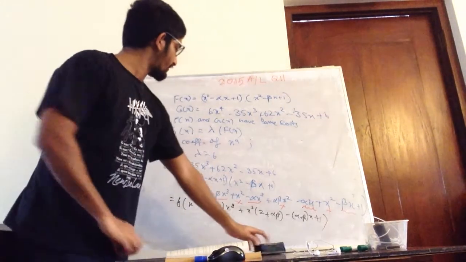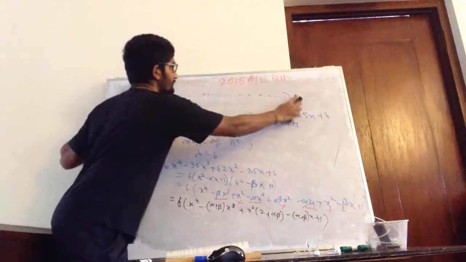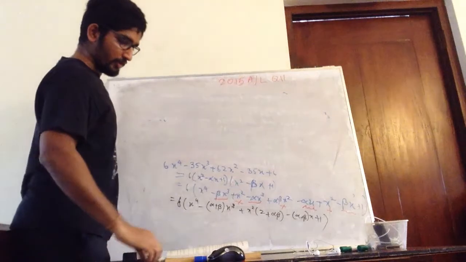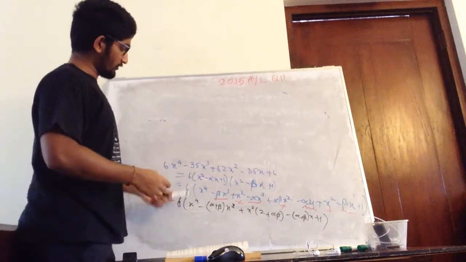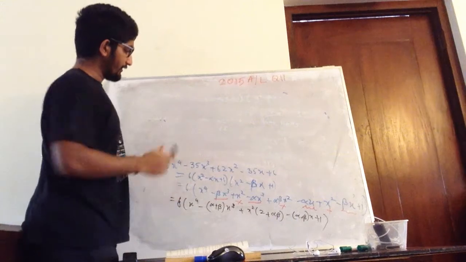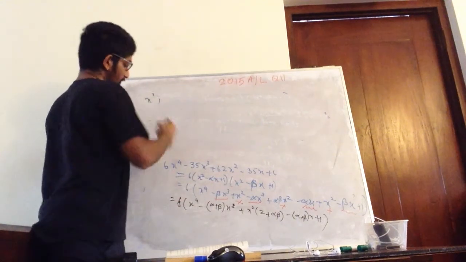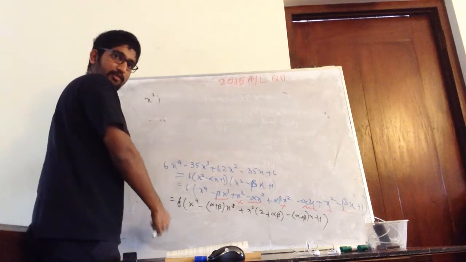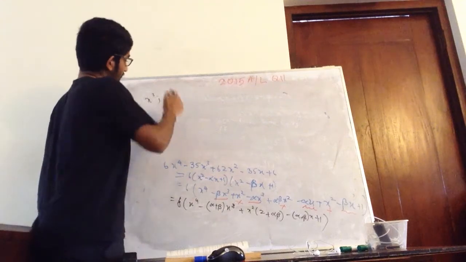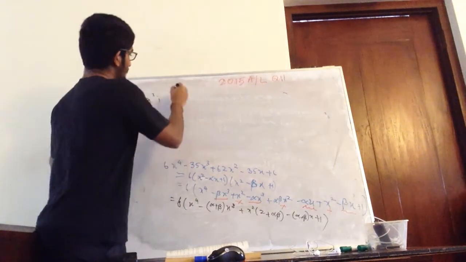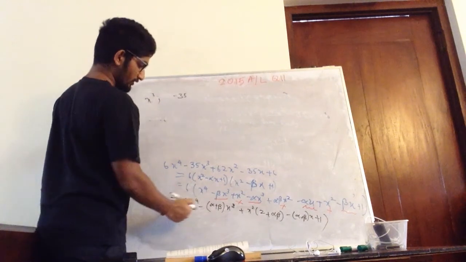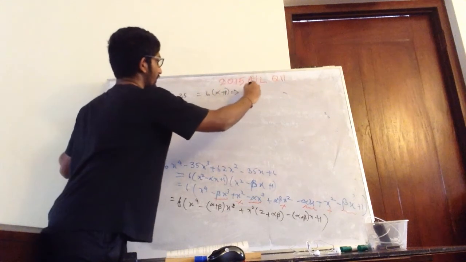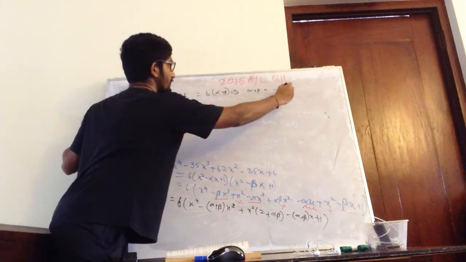Now we have to compare the coefficients. x to the power 4 is already done, that is how you got the 6 here. Then for x cubed, this is going to be minus 35, and this is going to be minus 6 times (alpha plus beta). So you get alpha plus beta as 35 over 6.